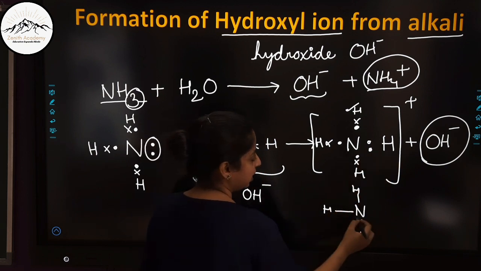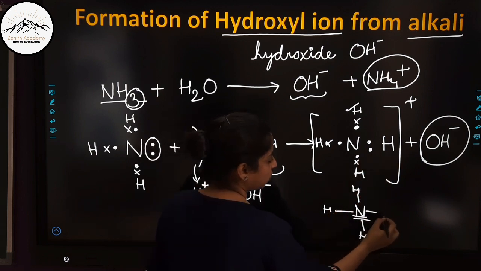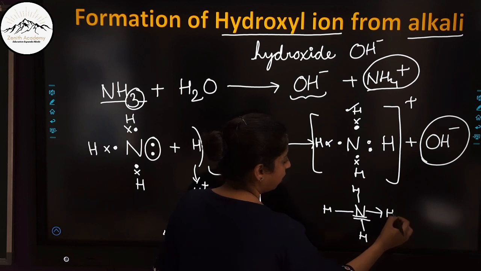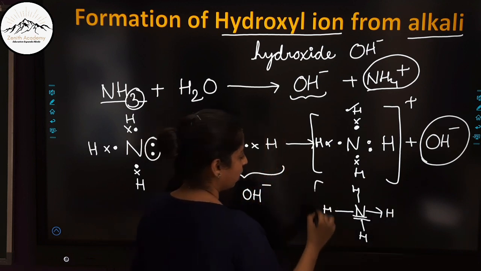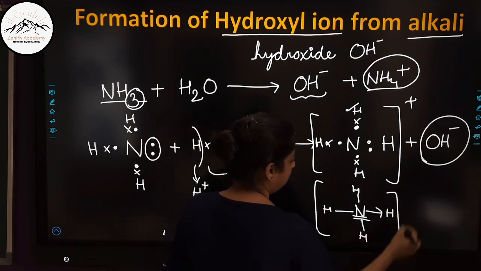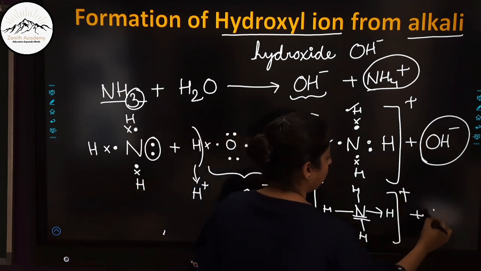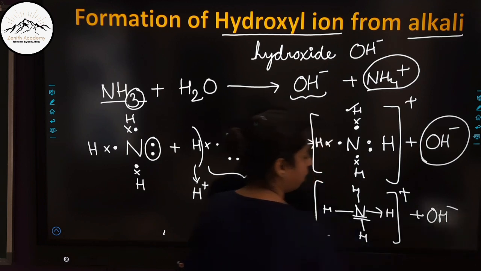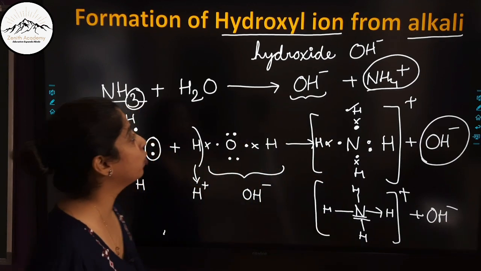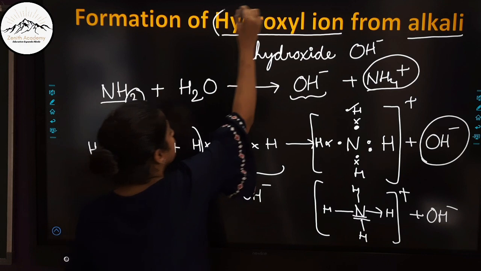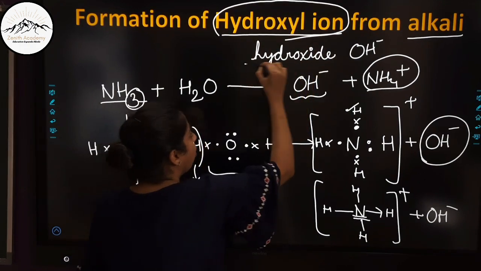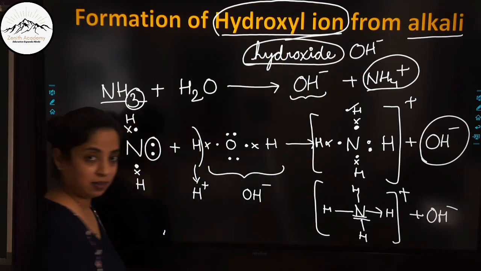But here you can see that nitrogen is the donor, so it is forming a coordinate bond like this. Please mark one positive here. So this is NH4 plus and then OH minus is remaining. This is how you will show in the examination the formation of hydroxyl ion or hydroxide ion.